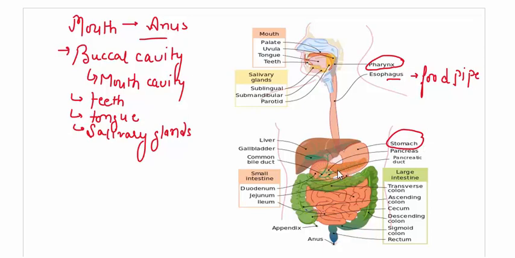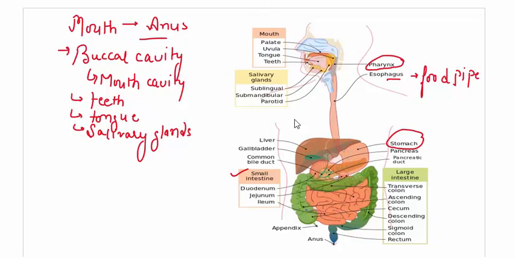The stomach leads to the small intestine. You can see from here till here, it is the small intestine. After the small intestine, the food leads to the large intestine. This is the hierarchy of the digestive organs, and only in this hierarchy does the food move.